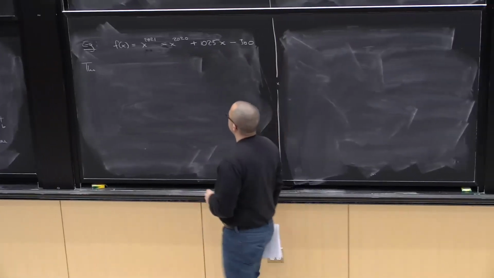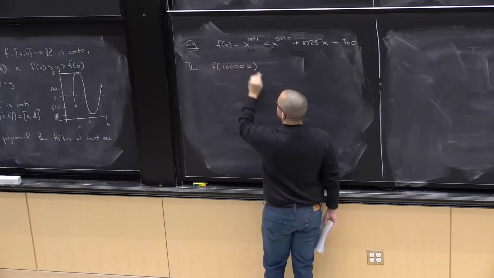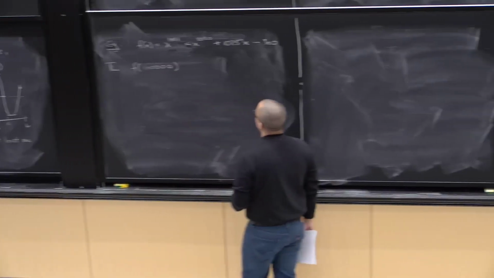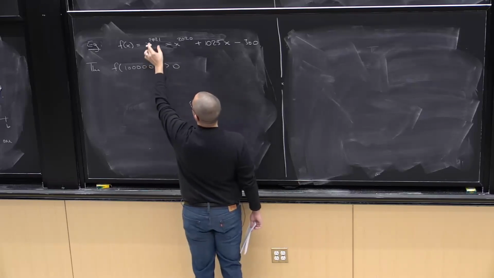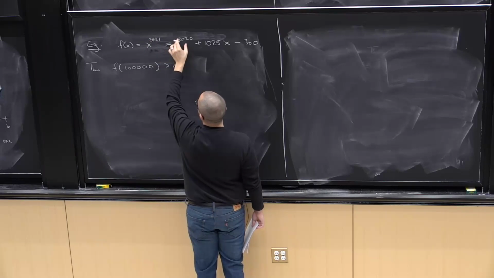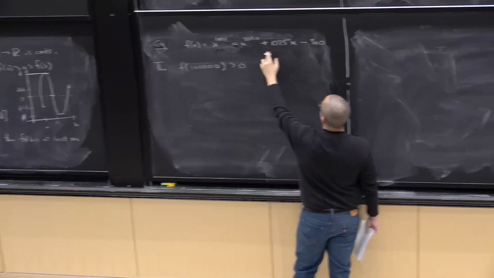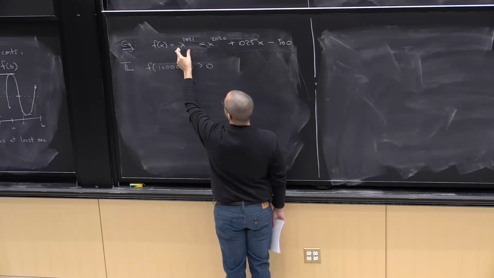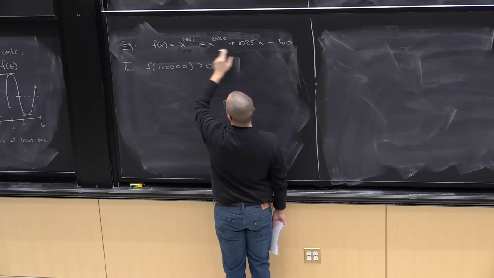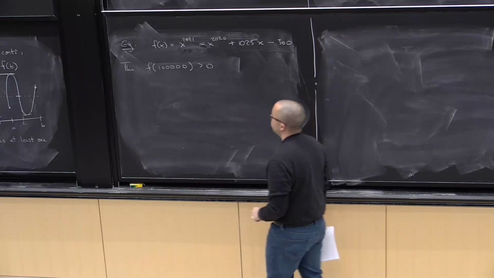So for example, if I stick in f of 100,000, I leave it to you to check that this is positive, right? Because this will be 100,000 to the 2021 minus 100,000 to the 2020, and then plus this, which will be positive, minus 300. This doesn't matter. So what really matters is this guy with the largest power, which will swamp all the other ones and eventually be positive if I stick in a large enough positive value.